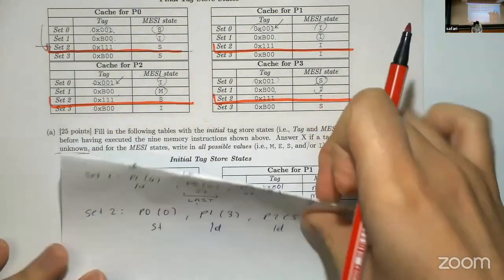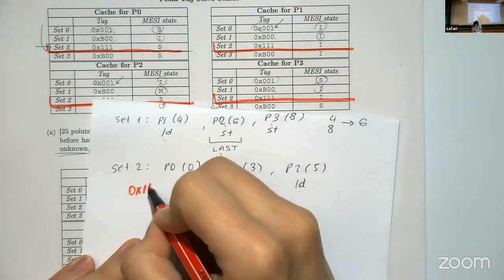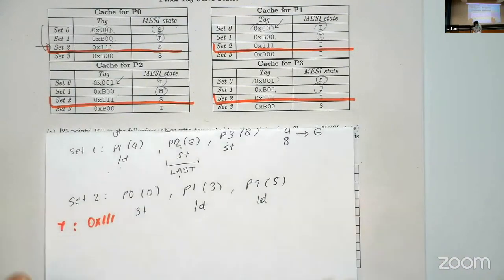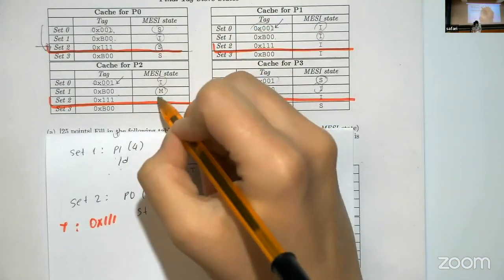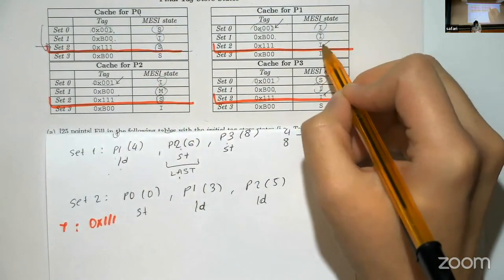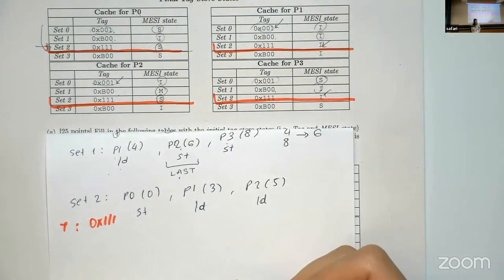Maybe it's good to write the tag here also, since you cannot see it. What we can see from here is that in the final state, we have 2 shared here, for P0 and P2, and the others are invalidated. So again, can you guess what happened? In which order did we execute these?